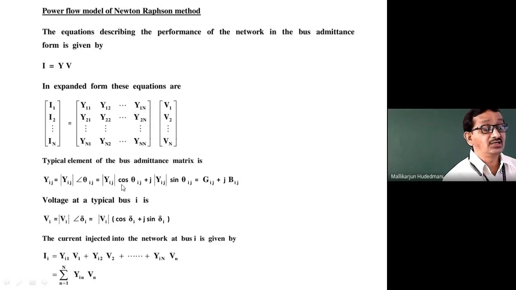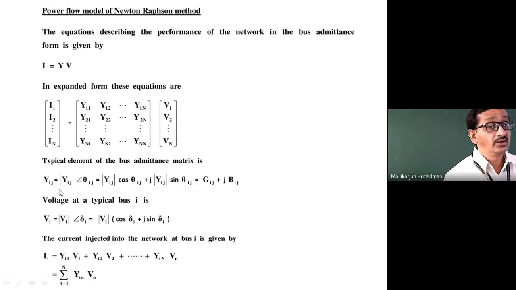The non-j term is associated with the cosine. That is put as capital Gij. It's called the conductance part of the admittance Yij. The second term is j associated, which is a complex term, imaginary in our understanding, which is Yij sin theta ij, represented as the susceptance part of the admittance. We call it susceptance Bij.